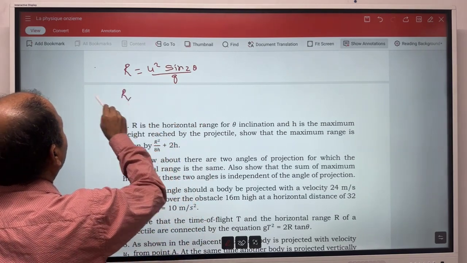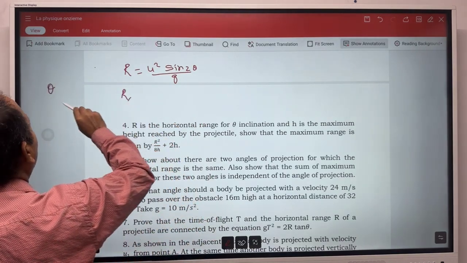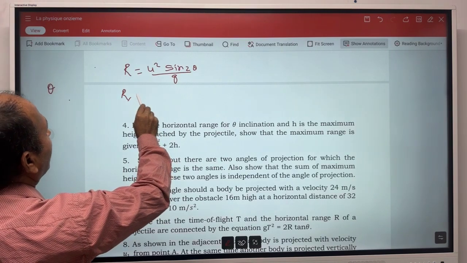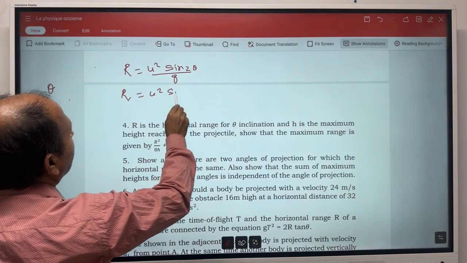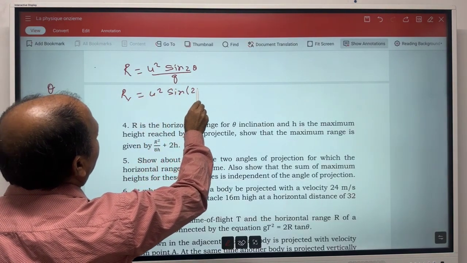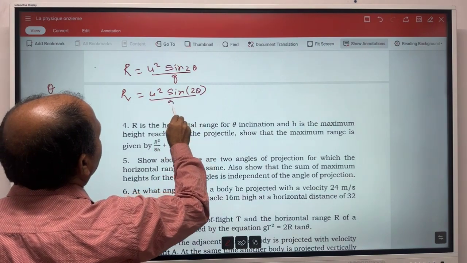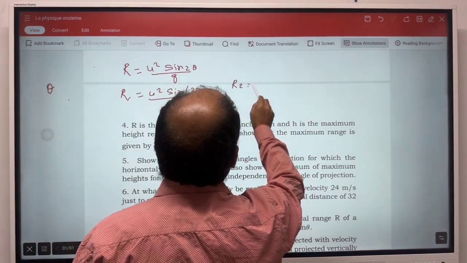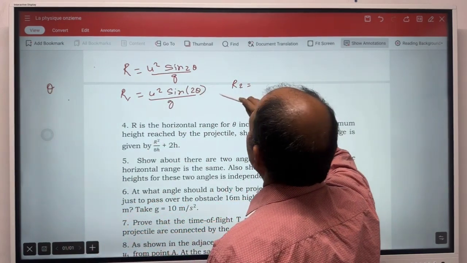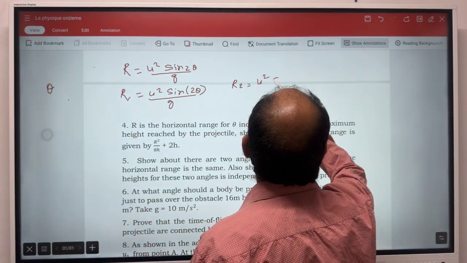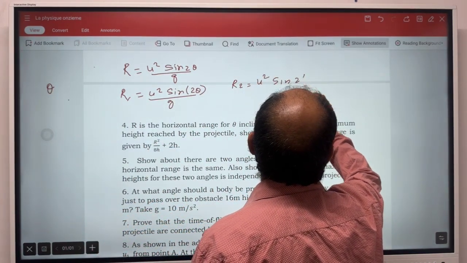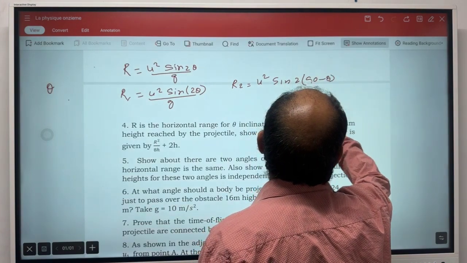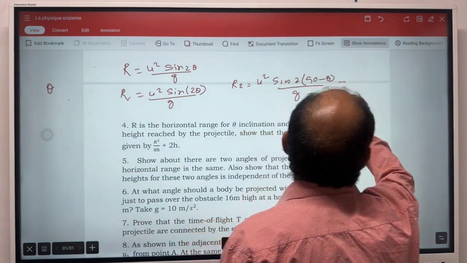So we write R1 when the angle is theta and R2 when the angle is 90 minus theta. So R1 equal to u square sine 2 theta divided by g. And now R2, when theta is 90 minus theta, so u square sine 2 times 90 minus theta divided by g.